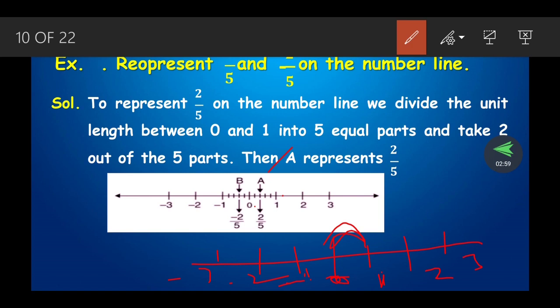As 2 by 5 is a positive rational number, we have taken the right side of 0. For representing minus 2 by 5, what do we have to do? We have to take the left side of 0.